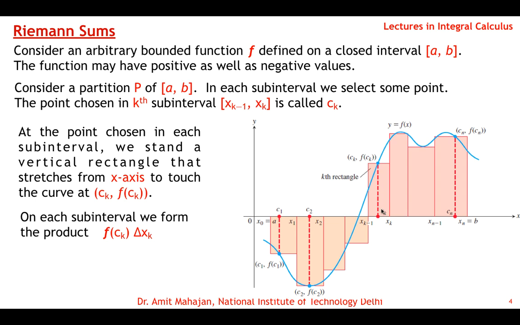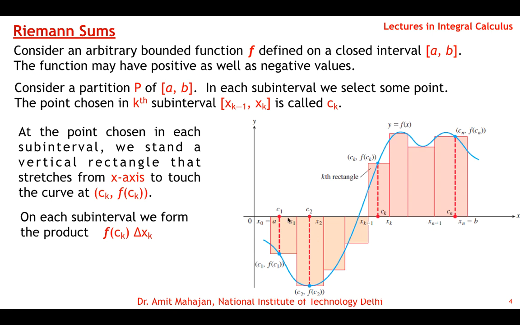Okay, so this height times this width. So wherever this function is positive, this height times this width is the area of this rectangle. Okay, so similarly if this is f(cn) and this is delta xn, then this height multiplied with this width will be the area of this rectangle.